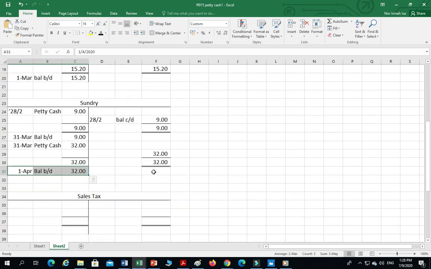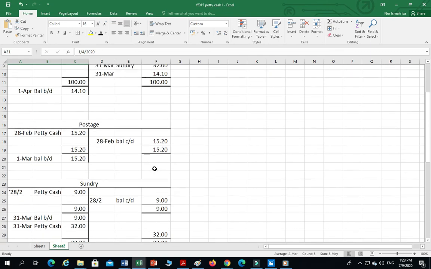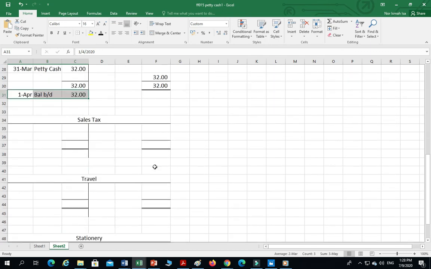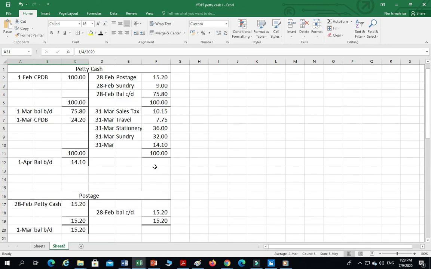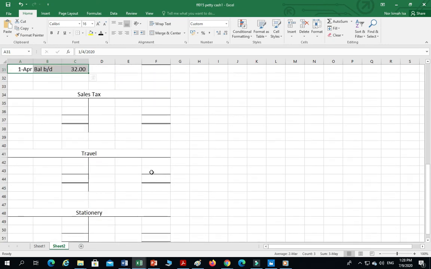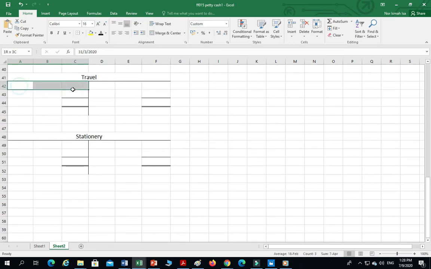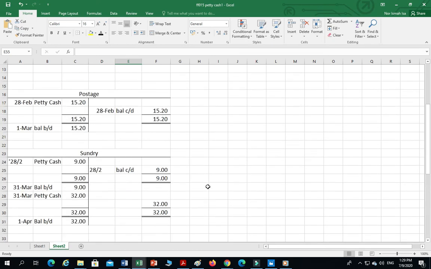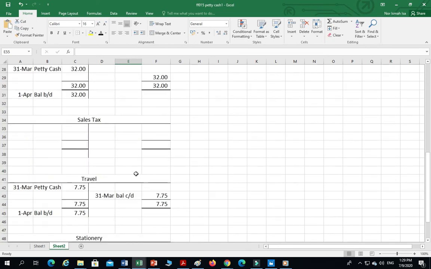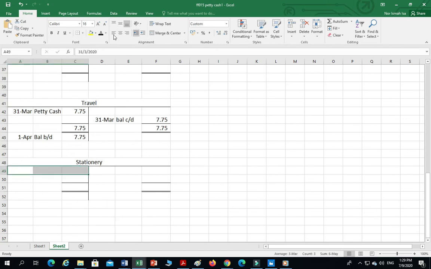Okay, we have also the travel account here. So you need to post for the travel account $7.75, and the balance for the travel account is $7.75. So we have another, stationery. The amount being posted is the receipt from the petty cash.